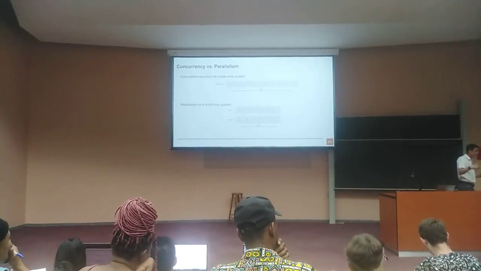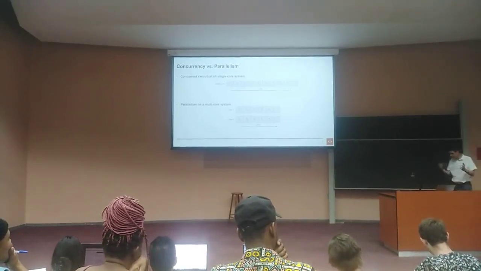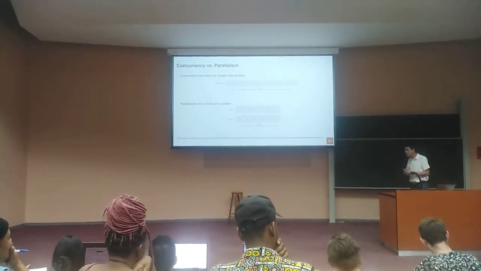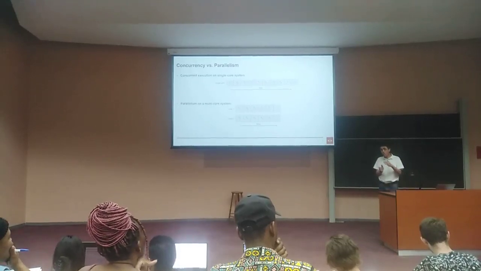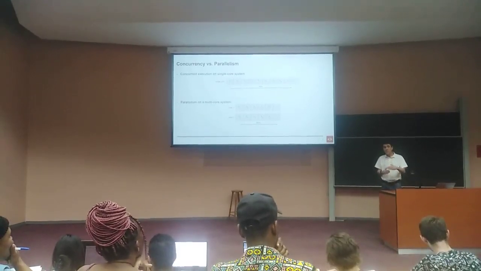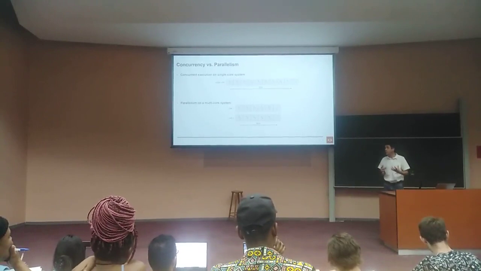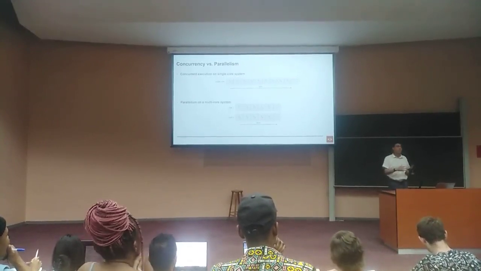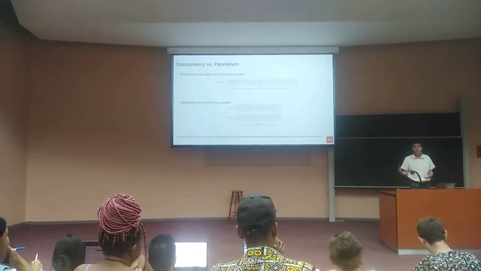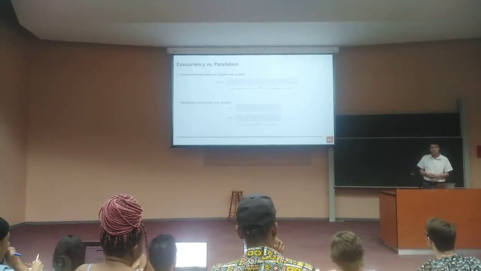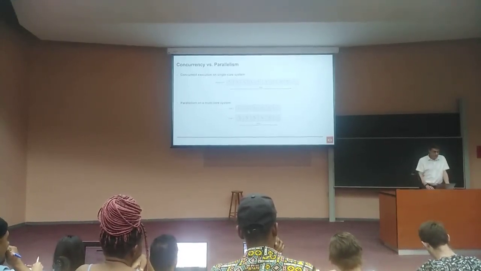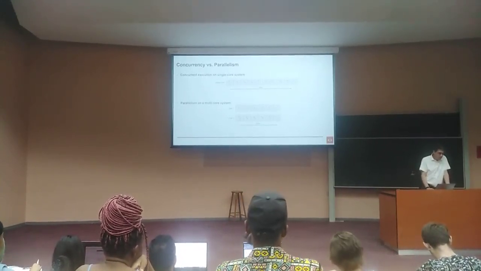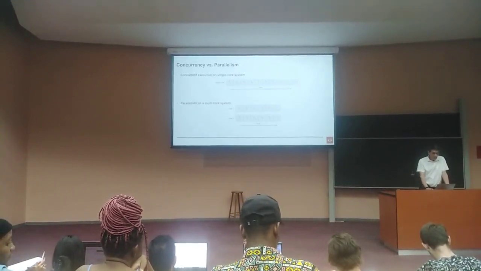With parallelism, if we use that term in this textbook, then we say that we can run multiple threads at exactly the same time. How is that possible? Because we've got potentially different CPU cores or multiple CPUs in the system. So those are the differences between what is meant by concurrency and parallelism.